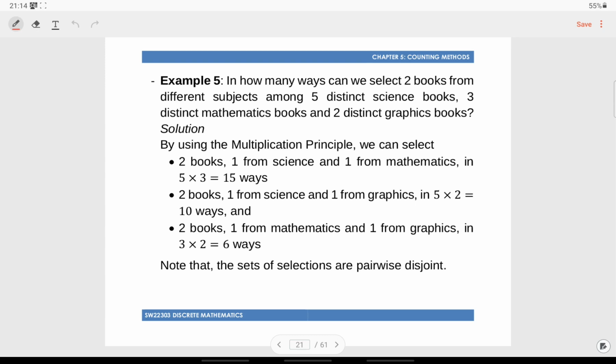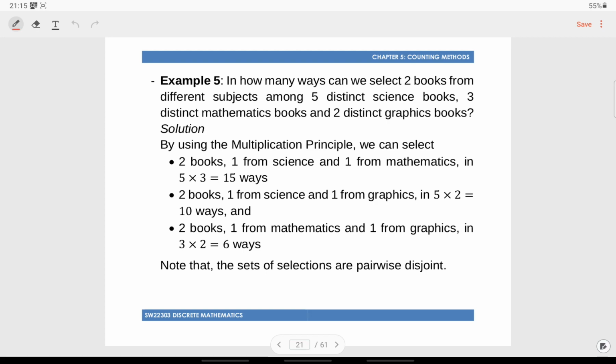In how many ways can we select 2 books from different subjects among 5 distinct science books, 3 distinct mathematics books, and 2 distinct graphics books? Okay, look at the solution.